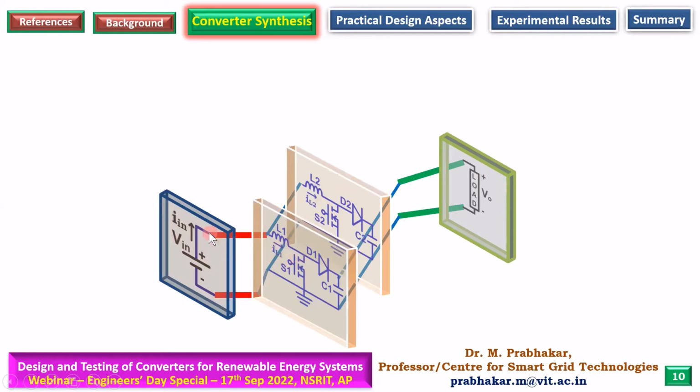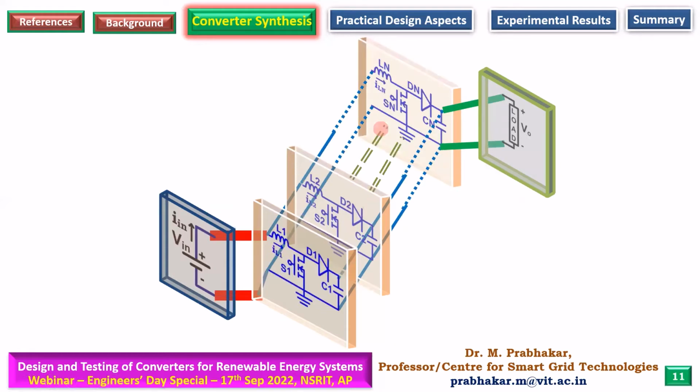You have an input source. You have two boost converters which are similar, but they are connected in parallel. And you have the load which is supplied by both the converters connected in parallel. This is called the interleaving technique. Now, you can extend this and have n number of interleaved stages: converter 1, converter 2, 3, etc. up to n converters.